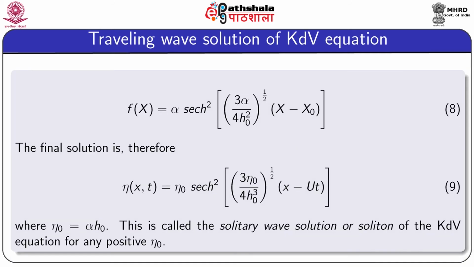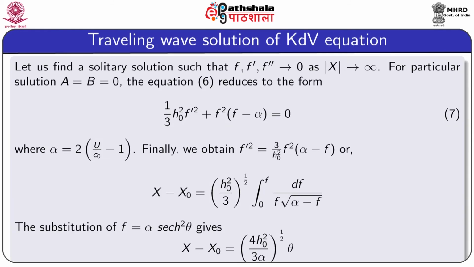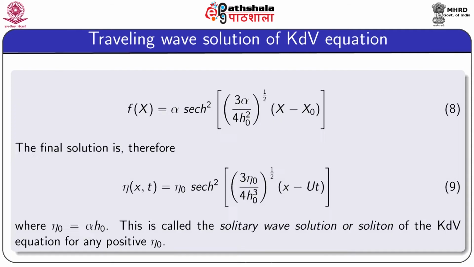So, if we go back to the previous slide, we obtain the value of f from here, f equals alpha into sech squared theta. So, f(X) equals alpha into sech squared, with the value of theta written in the square bracket.